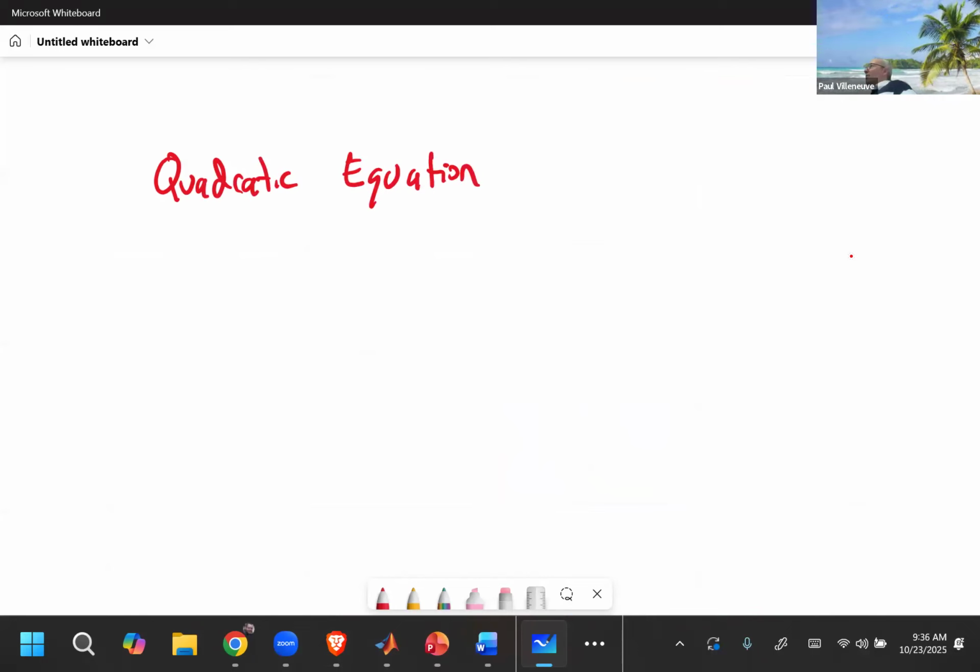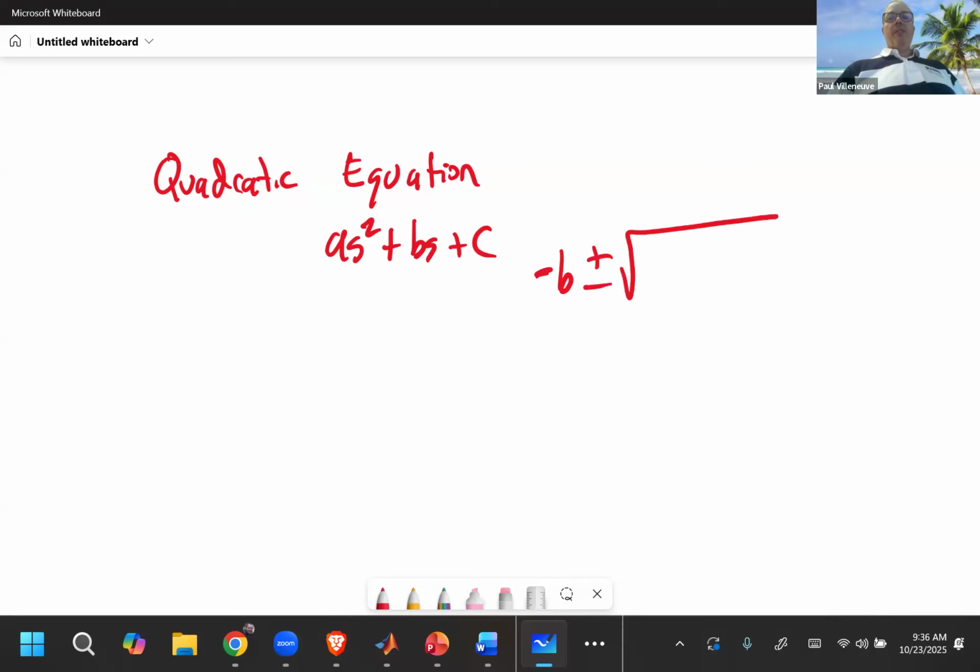Algebra 2 days, right? Quadratic equation. That works for a second order system, right? That means it's S squared. So if you don't remember, AS squared plus BS plus C, to solve for the roots of this system, negative B plus or minus the square root of B squared minus 4AC all over 2A.